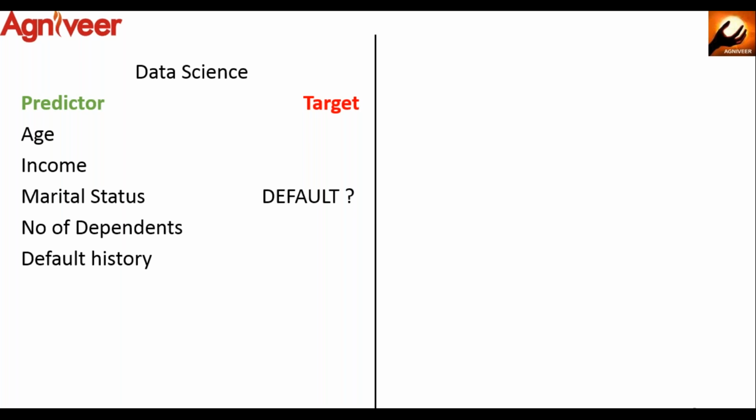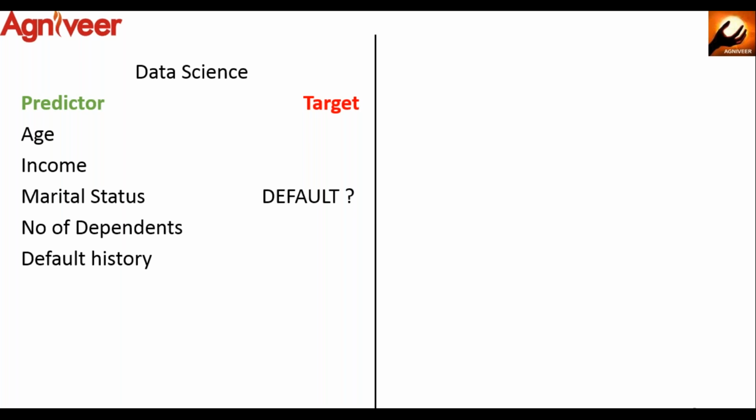So on the previous data, I have labeled data which says that with certain age, certain income, certain marital status, certain number of dependents, and certain history of default, that person has defaulted or not. And on the basis of that historical data, I need to predict on my future data.